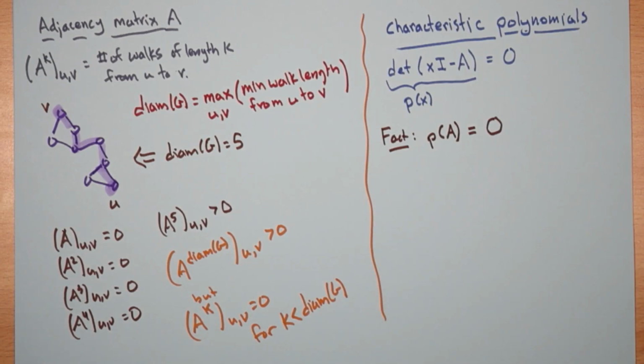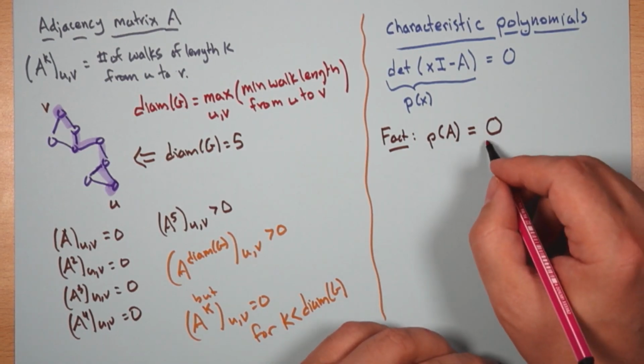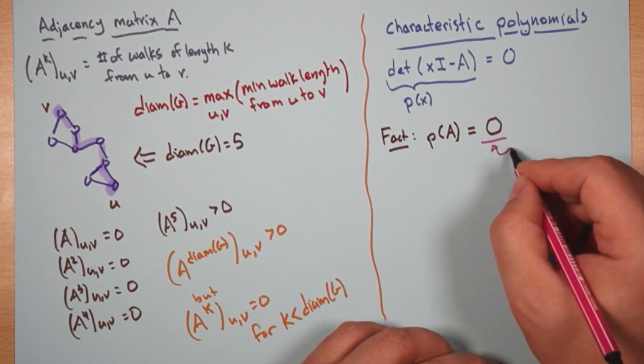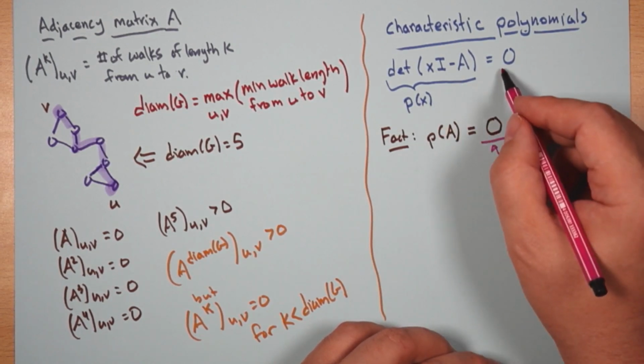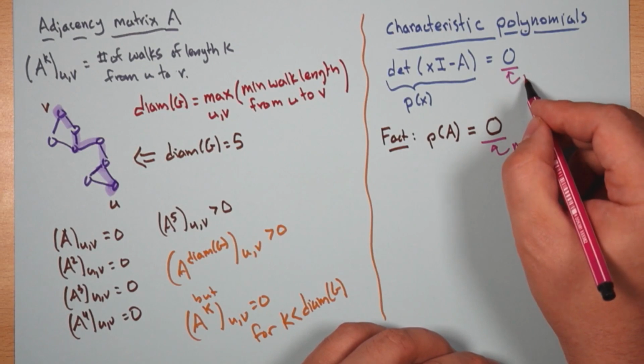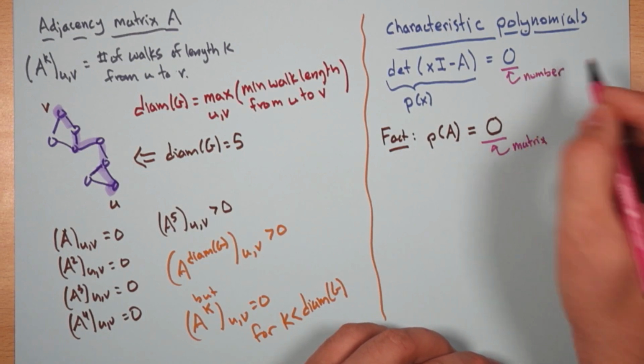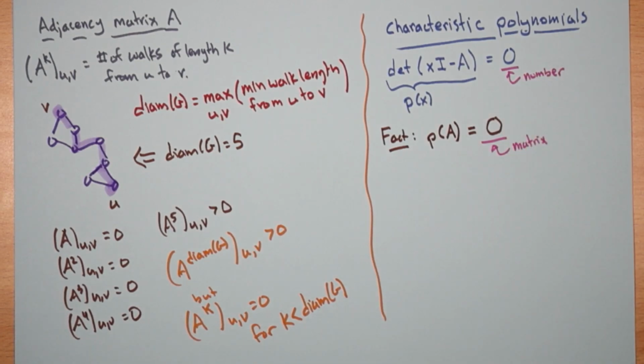No, the proof is not that easy, because remember, here, this is 0 as a matrix, and when we talk about saying things equal to 0 here, we're talking about 0 as a number. And so that's a slightly different thing. So be careful. The proof is not hard, but it's not trivial either.